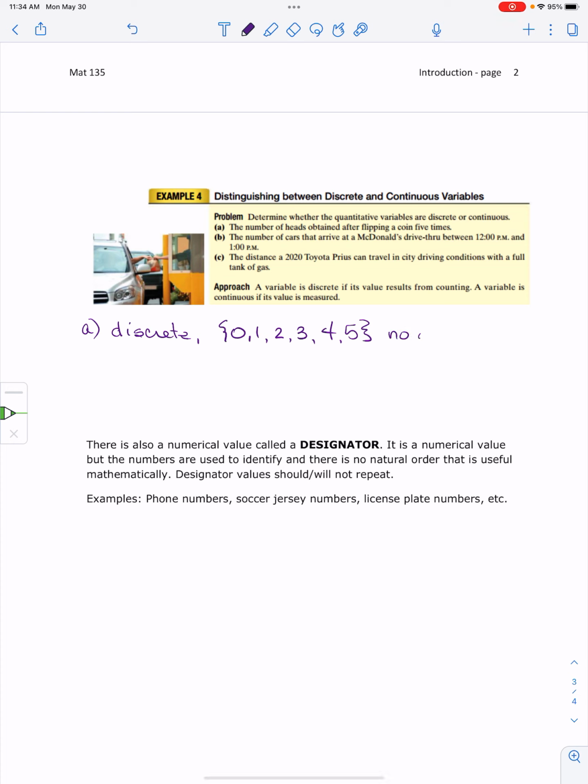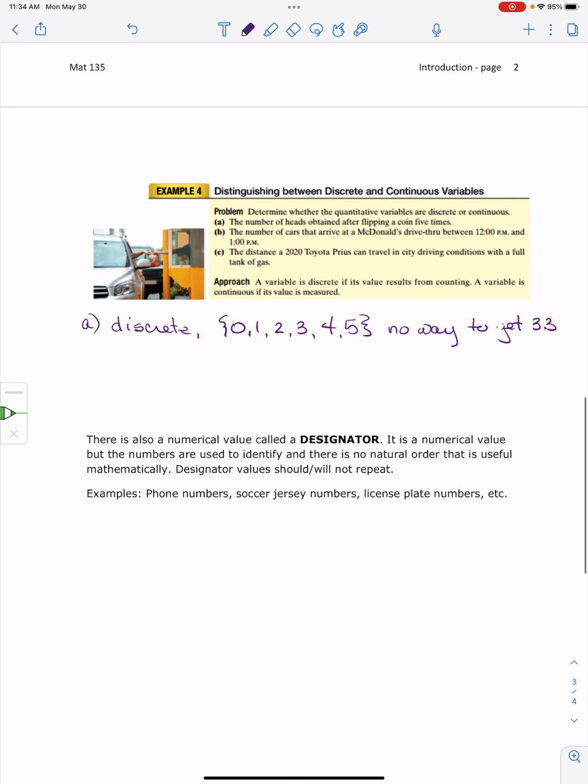There is no way to get 3.3 heads or 1.5 heads. Definitely discrete.